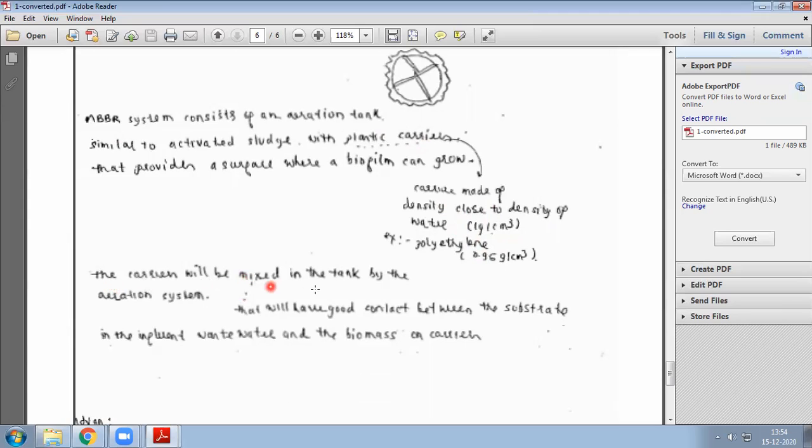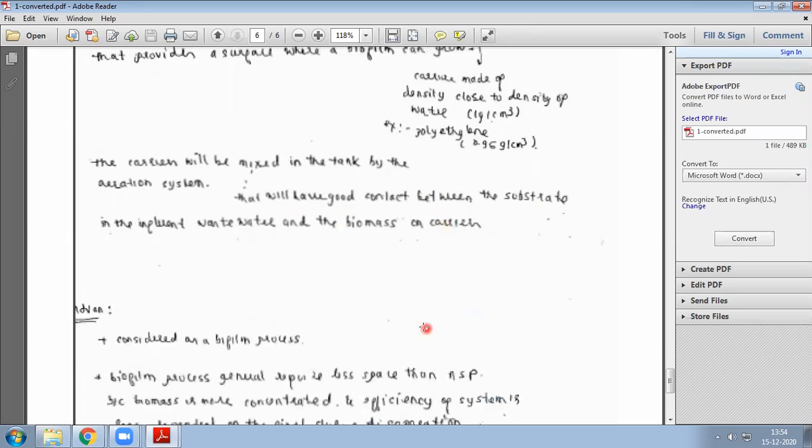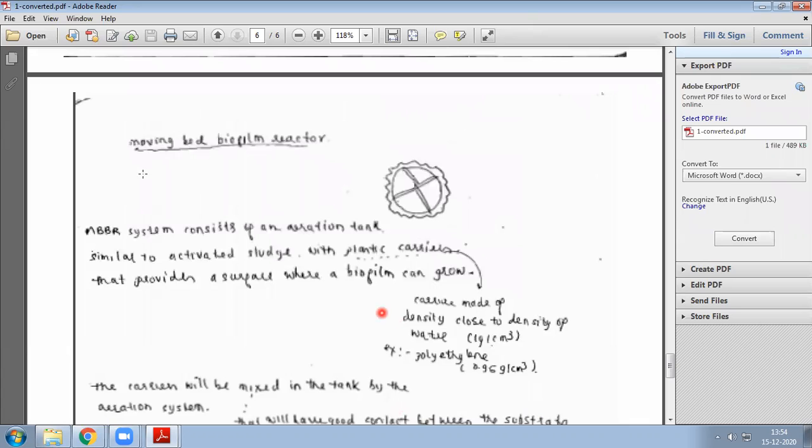So the carriers will be mixed in the tank by the aeration system, which will give good contact between the substrate in the influent wastewater and the biomass on the carriers. Okay, so it's just a moving bed biofilm reactor. They will build this.